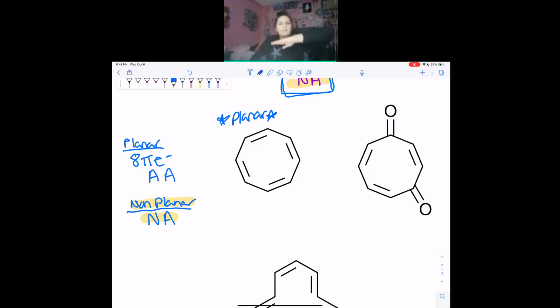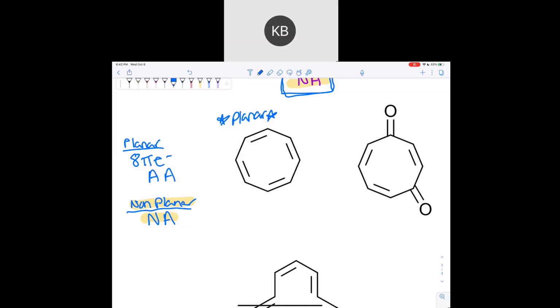If you keep it flat, that's what we mean by planar. If it bends out of the plane and becomes like a boat kind of thing, that's what we call non-planar for these kind of molecules, I should say. So like the Diels-Alder or whatever, those would be planar molecules technically?